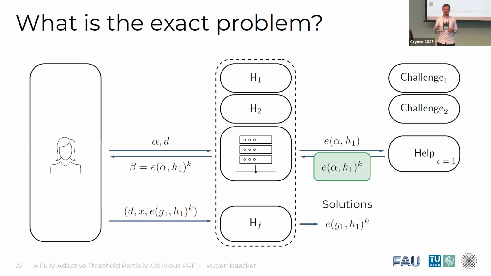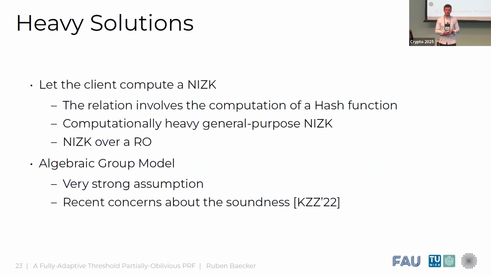is to extract the solution even earlier, because what the help oracle returns already looks quite like a solution, right? The only problem is that there is an alpha in the bilinear pairing, and there has to be a challenge element. We could let the client compute a non-interactive zero-knowledge proof.